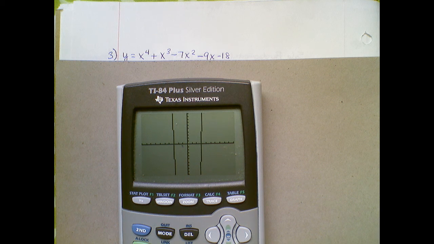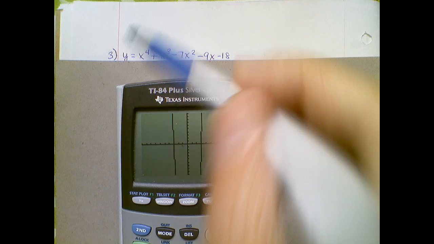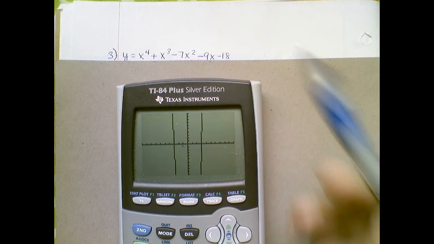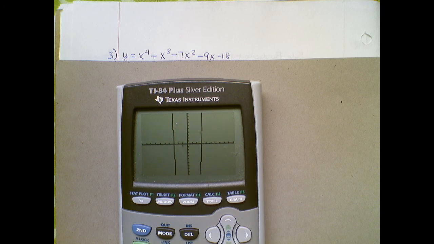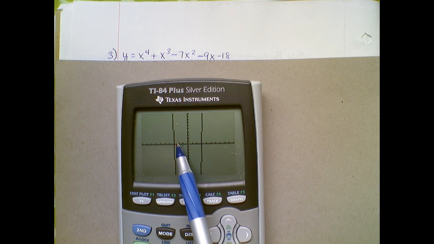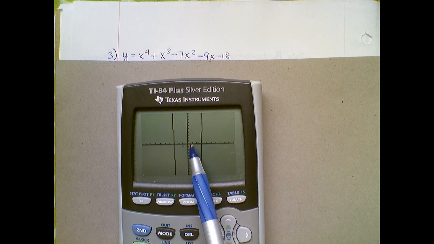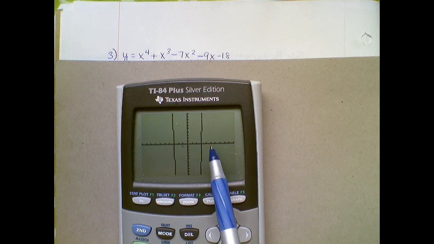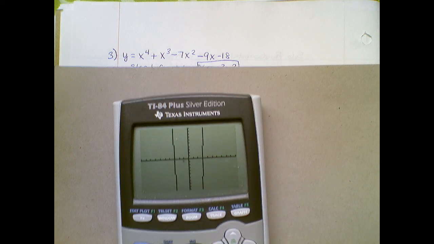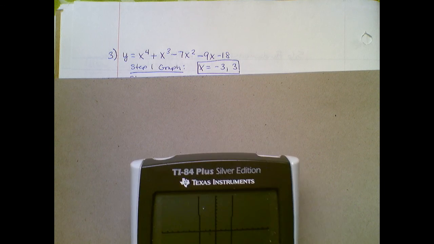Alrighty, you'll notice this one crosses at 2 places. There's a total of 4 solutions, so 2 of them are going to be imaginary. So this one crosses at -3, and this one crosses at +3. So our 2 real solutions are -3 and 3.